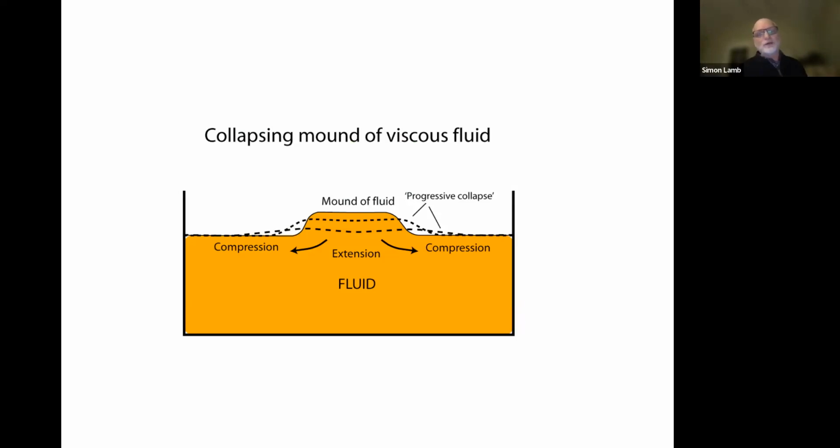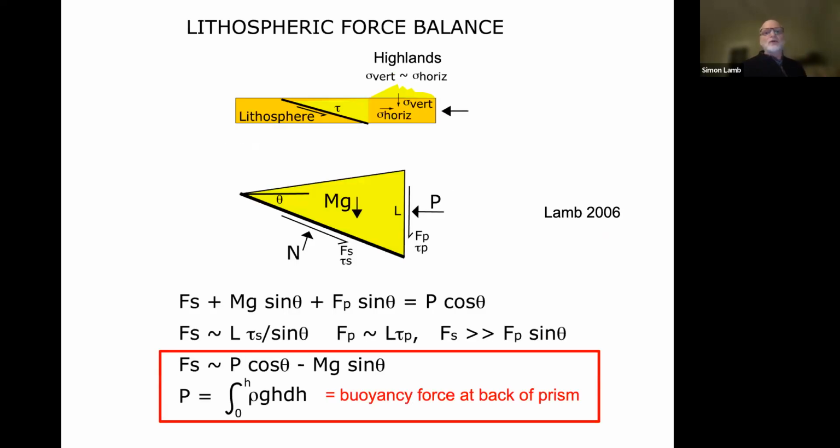Again, if you have a mound of fluid and there's no support, that mound just flows away. So something's got to keep it up. You're working against gravity. If you go to the Andes situation, here we've got this triangle, and we've got the weight of the high Andes, which is exerting a horizontal stress through gravity, and that's got to be balanced by the stress that we're going to apply on this subduction megathrust.